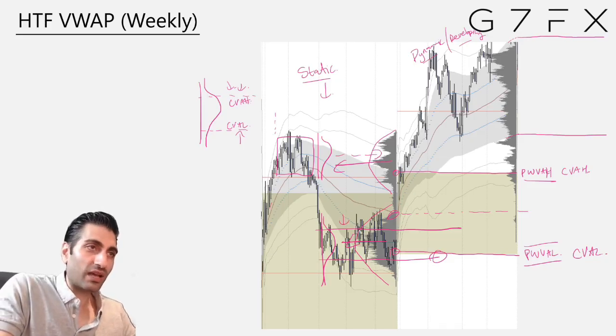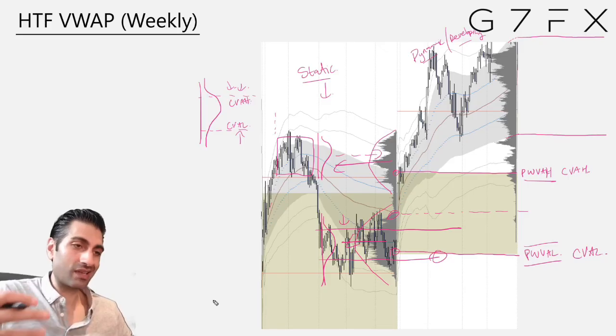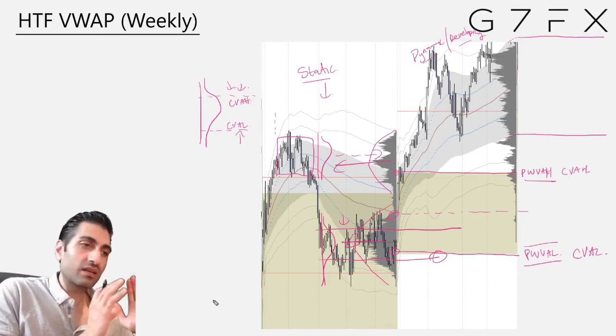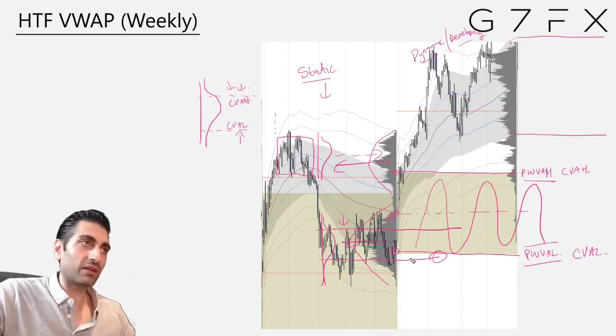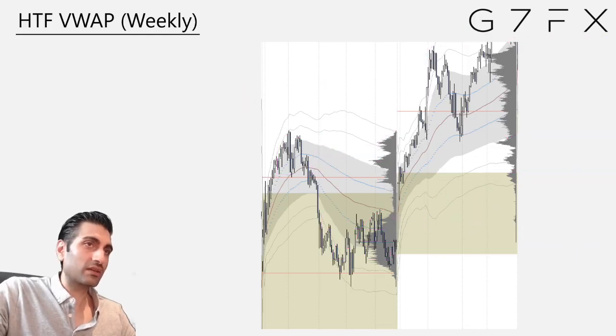Instead of me looking at a composite of 2 days, I'm looking at almost, you could say, a composite of the entire last week and using that as, if the market's in here, the week's in fair value. All right, guys, it's as simple as that. That's all I'm doing in the same way.